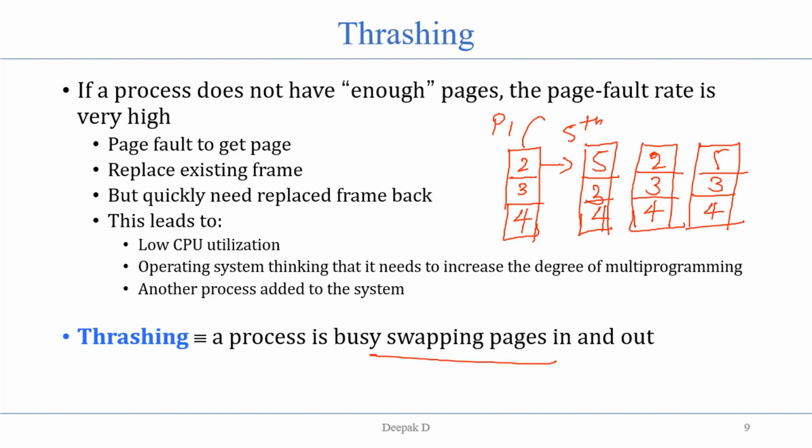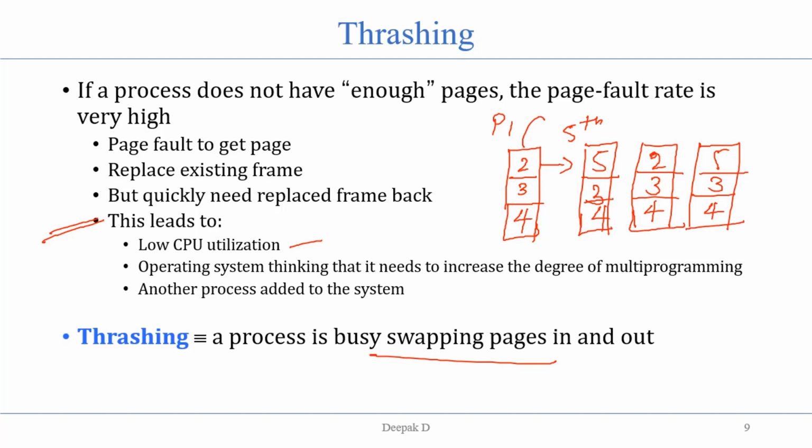So this process, or this high paging activity, is called thrashing. A process is thrashing if it is spending more time in paging than executing, which leads to low CPU utilization.